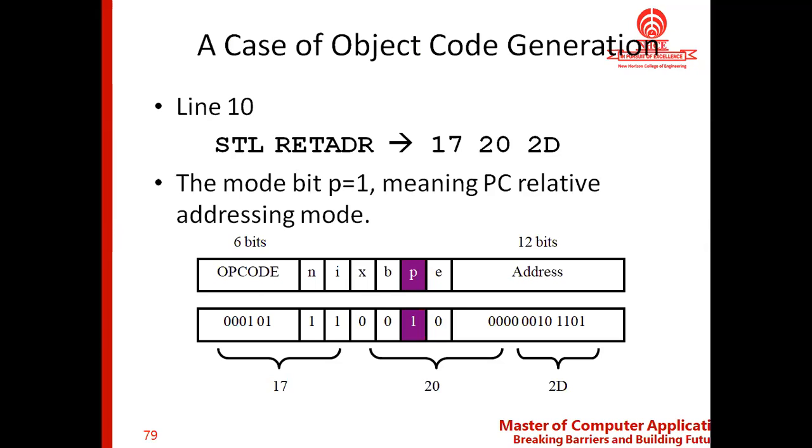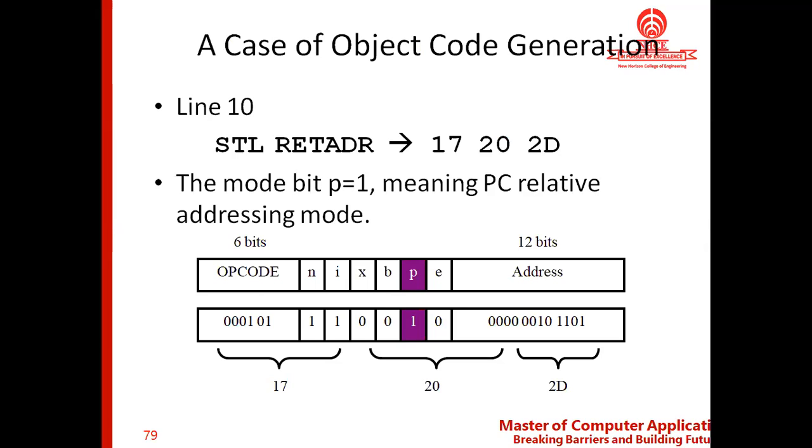The remaining displacement field is 02D. So the object code is 17202D. This is the object code for line number 10.